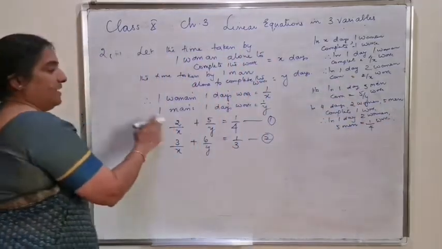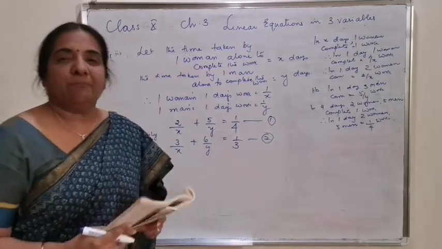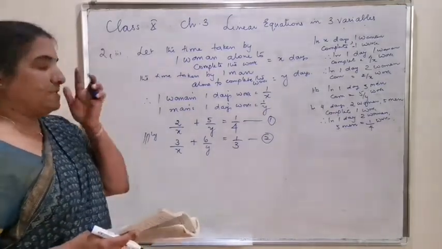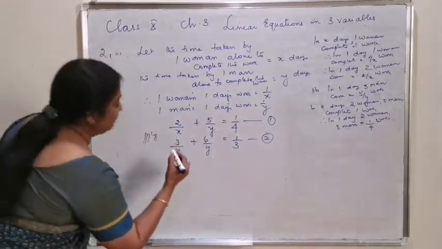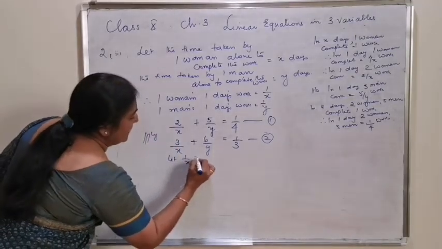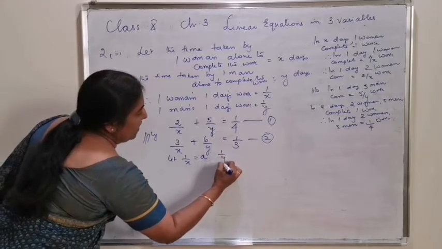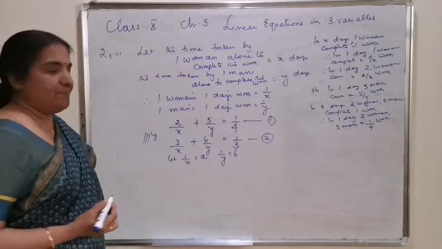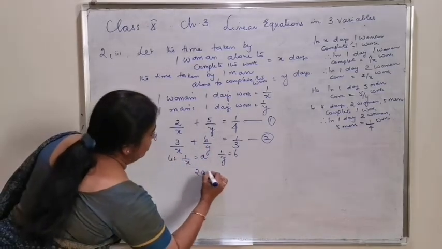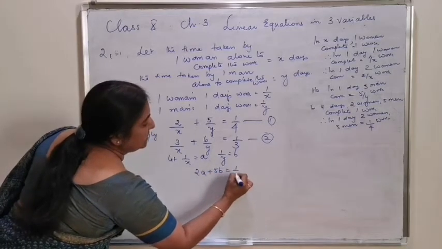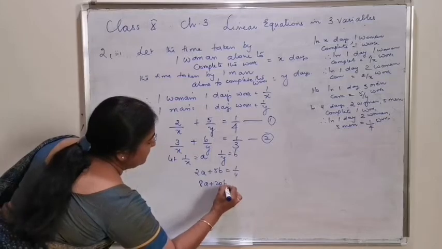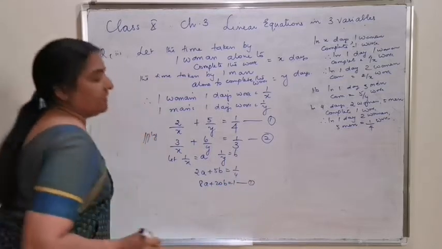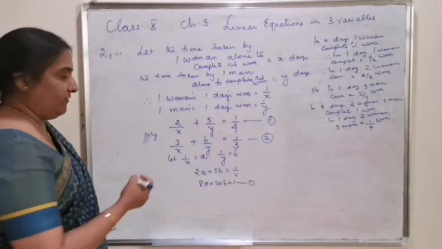This is how the equation has come. Similarly, 3 by x plus 6 by y is equal to 1 by 3. Let 1 by x is equal to a, 1 by y is equal to b. 2a plus 5b is equal to 1 by 4. 8a plus 20b is equal to 1. Equation number 1 for solving.